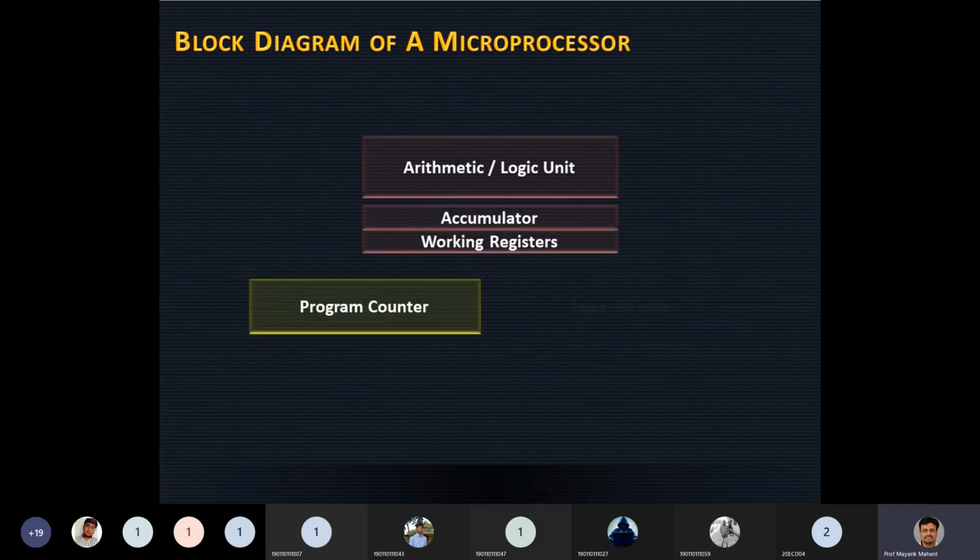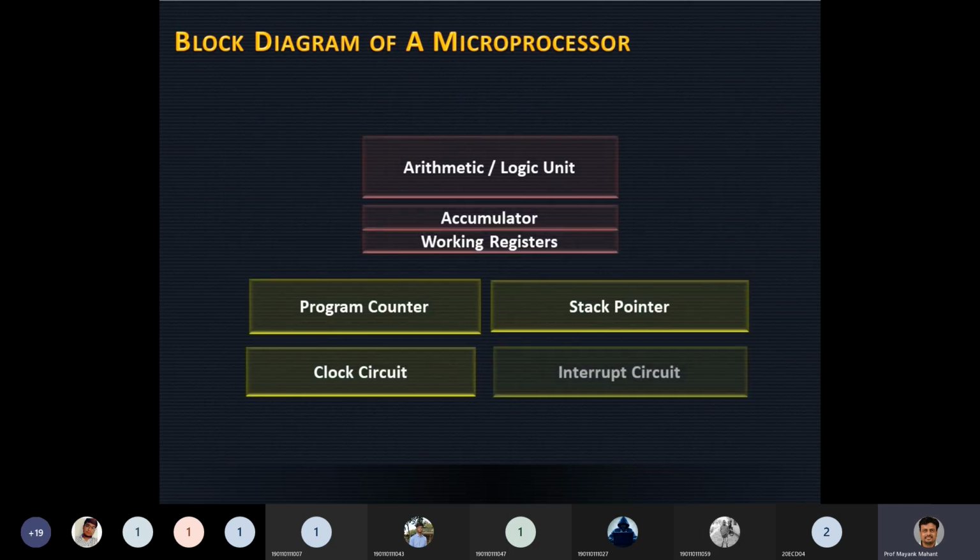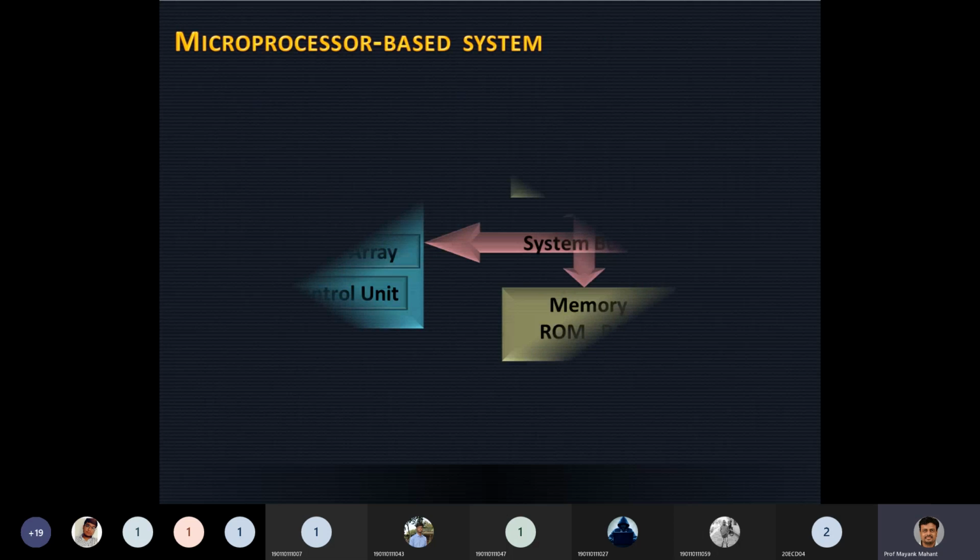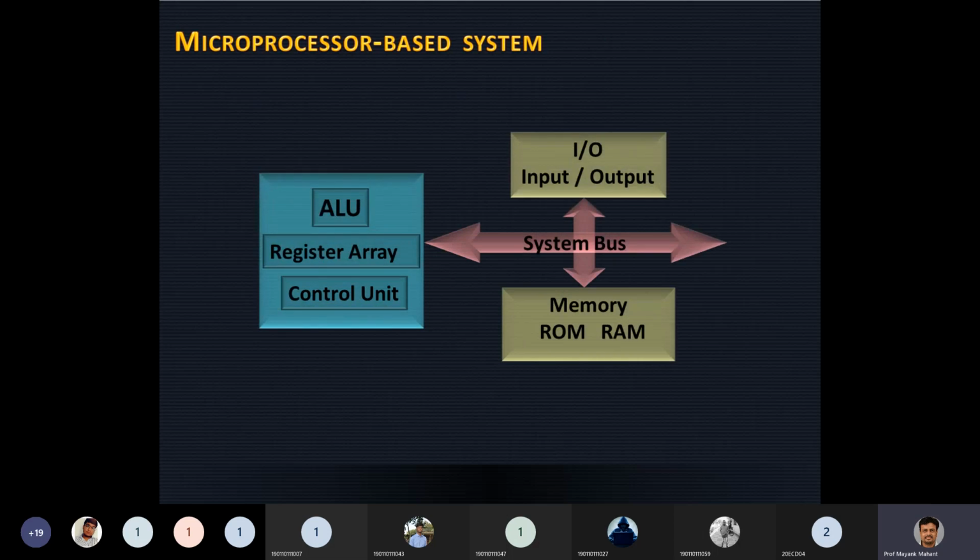This is just a block diagram of a microprocessor that we have already seen, so I'll go through it quickly. There is an architecture, accumulator, working register, program counter, stack pointer, control, clock circuit, and the interrupt circuit. In a microprocessor based system, we can have I/O, memory, ALU, register array, and control unit.